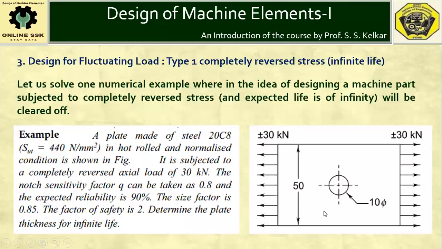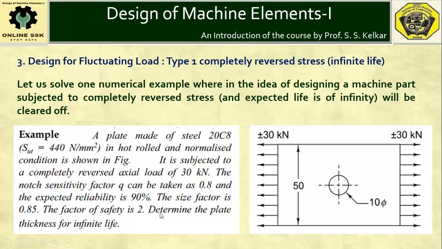It is subjected to a completely reverse load of plus minus 30 kilonewton. During the half work cycle, the load applied is plus 30 kilonewton, that means tensile, and during the remaining half work cycle the load changes its direction and becomes compressive 30 kilonewton.